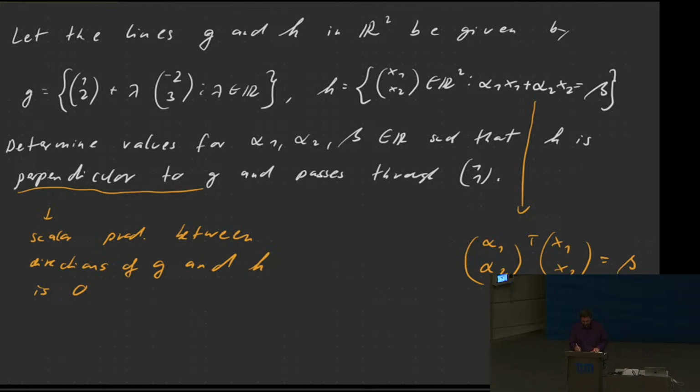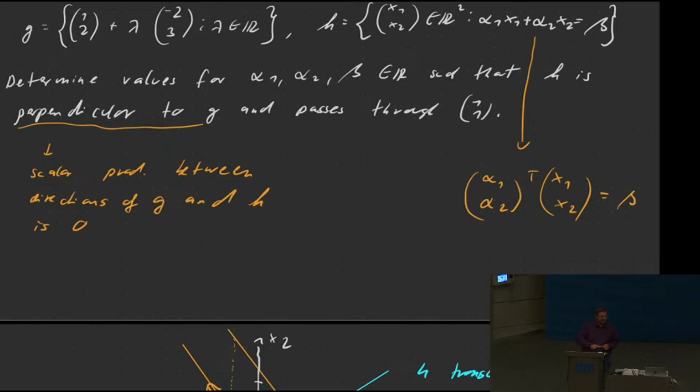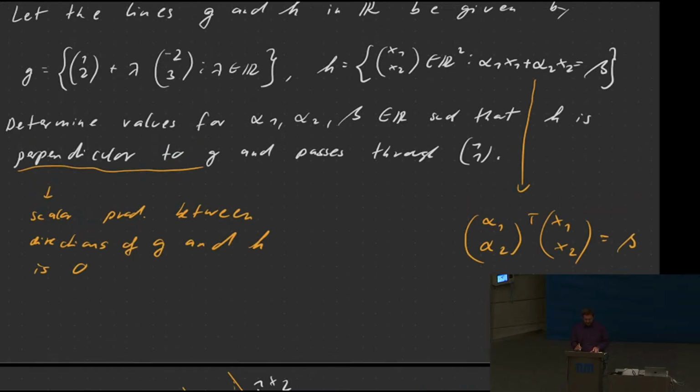Geometrically speaking, what we have here is the normal vector of H, right? The normal vector is one that is perpendicular to H. And that's just the direction vector of G because we want them to be that way. Okay, so if H is given in that way, these coefficients do not represent the direction, but they represent a normal, an orthogonal vector to that direction, geometrically.